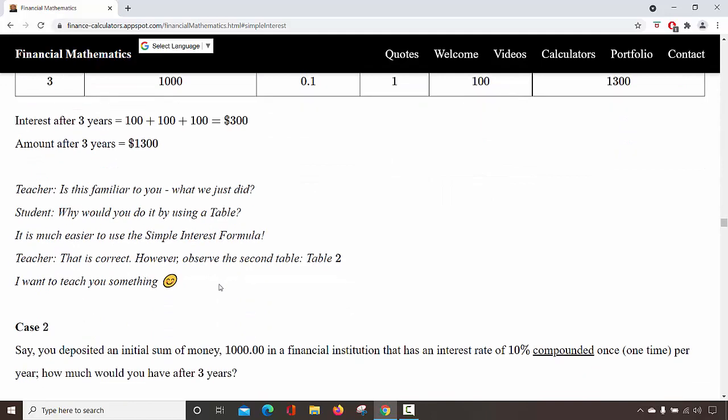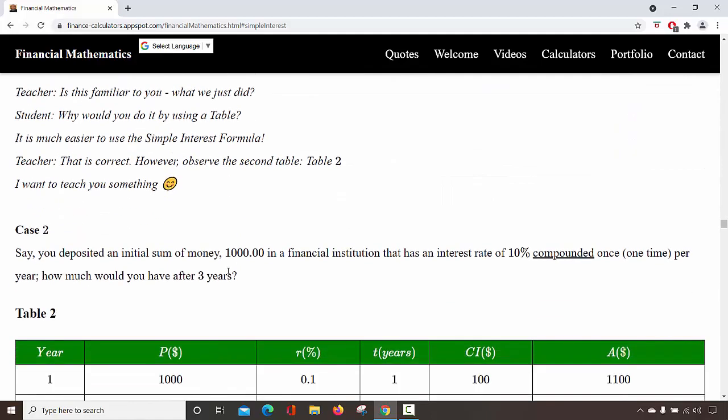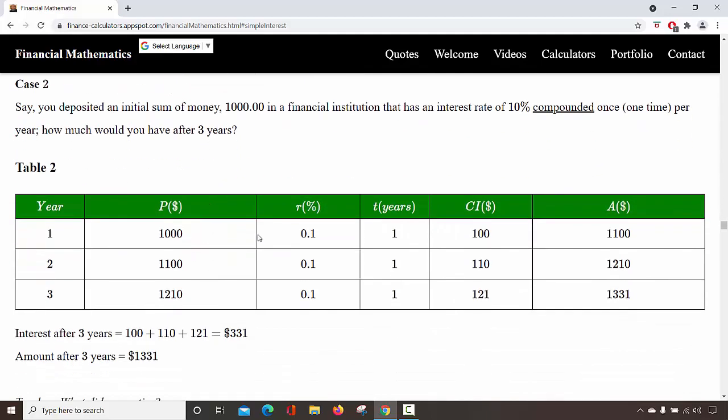But when we compound that interest, we see that the principal at the beginning of the second year is the amount at the end of the first year. And the amount at the end of the second year is the principal at the beginning of the third year.